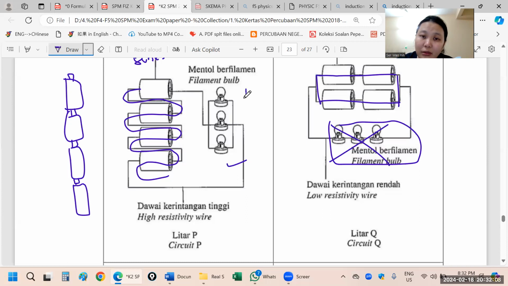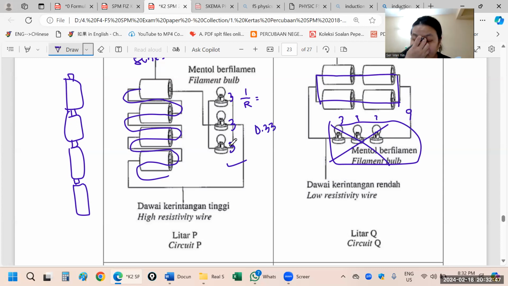When they are in parallel, we will get 1/R = 1/R1 + 1/R2. So let's say each is 3, so all of them will become 1/3, 0.33. And if series, 3 plus 3 plus 3, 9.